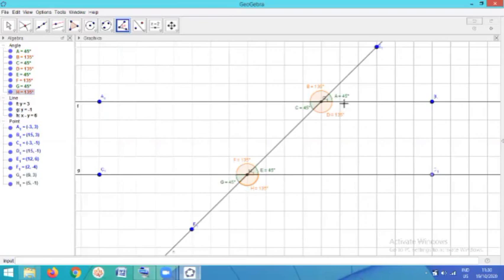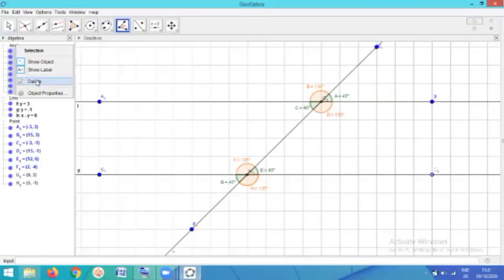Notice that angle D plus angle E is equal to 118 degrees, and angle A plus angle H is equal to 118 degrees. So we conclude that the sum of consecutive angles is equal to 118 degrees.